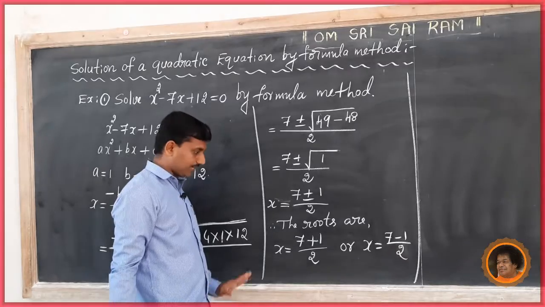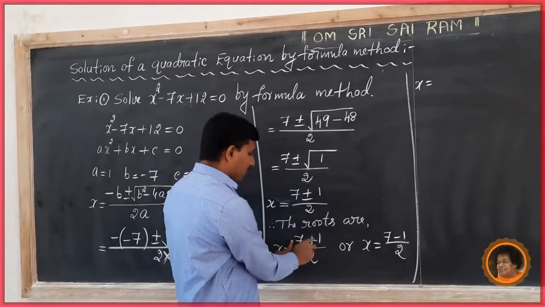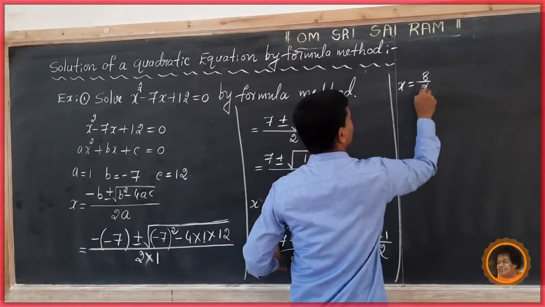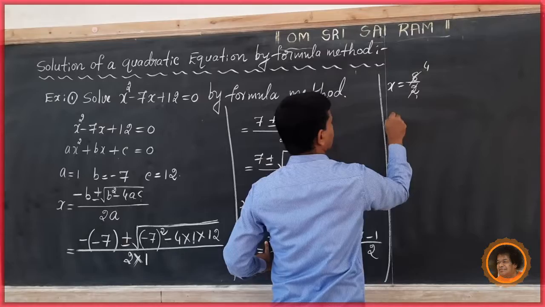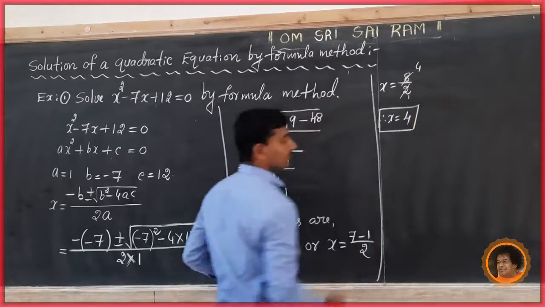Now simplify. So x equals 7 plus 1, that is 8 by 2. 2 ones are 2, 2 fours are 8. So therefore x equals 4.